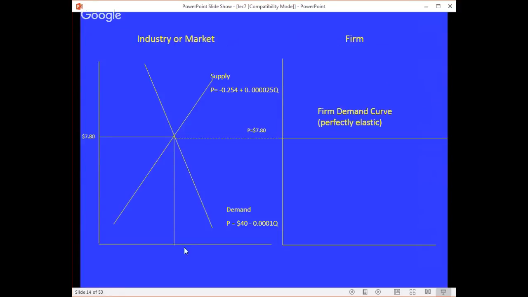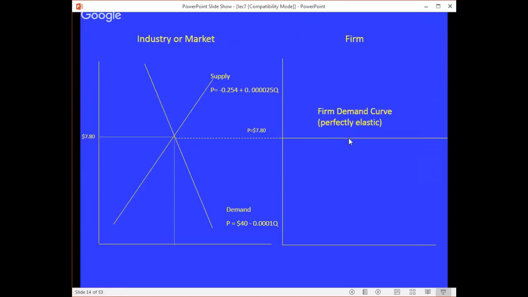Okay, so this is from our second example. We had a price of 780, and the quantity down here was 322,000 something. So this is our hypothetical supply curve. Our hypothetical demand curve has a price of 780. If I take that price of 780 onto the firm's demand curve, we have a perfectly elastic demand curve, which means it's perfectly flat.